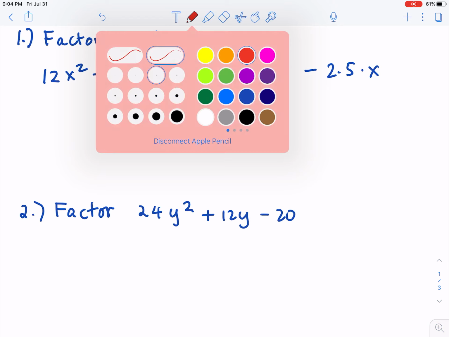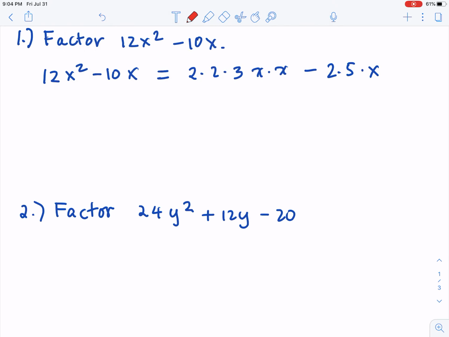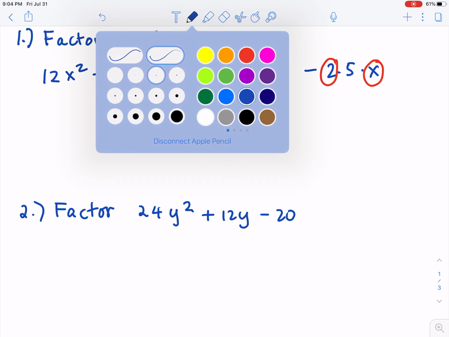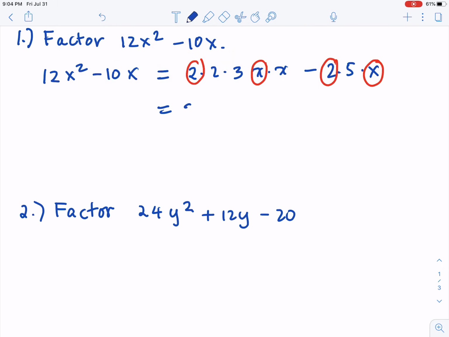So ano yung common dun sa dalawa? Common yung 2, saka common din yung x. So yan lang, no? Wala nang natira. Ibig sabihin, pwede natin ilabas yan, yung 2 tsaka x, na pag minultiply natin magiging 2x. So ang natira sa loob ay yung 2 times 3 times x doon sa first term.